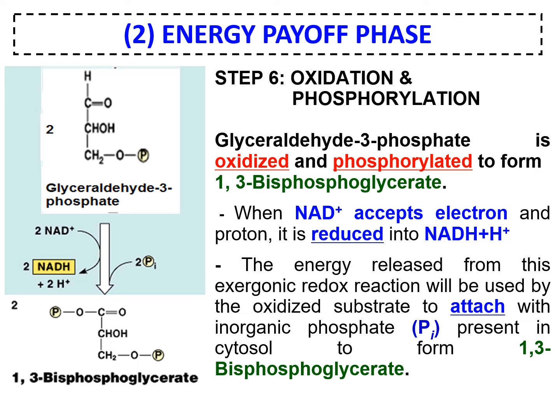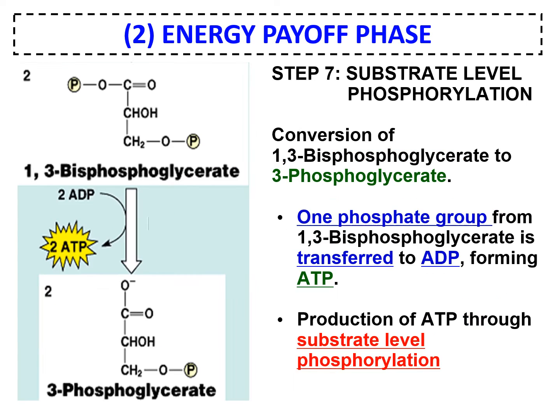So the glyceraldehyde 3-phosphate is oxidized and then phosphorylated by receiving inorganic phosphate to form 1,3-biphosphoglycerate. During this process, NADH is produced. So the energy released from this exergonic redox reaction will be used by the oxidized substrate to attach inorganic phosphate to the oxidized molecule.